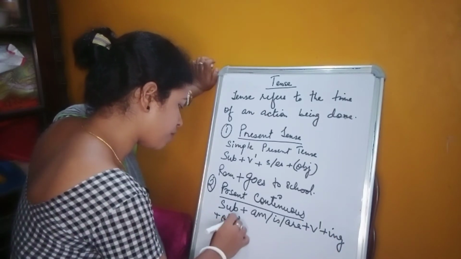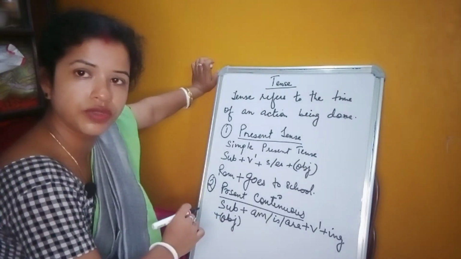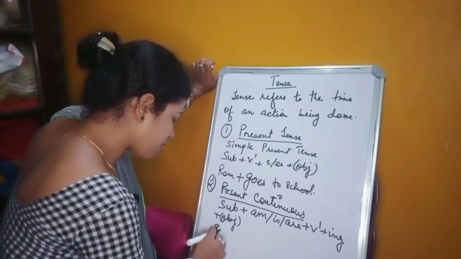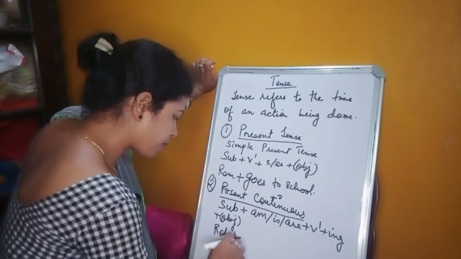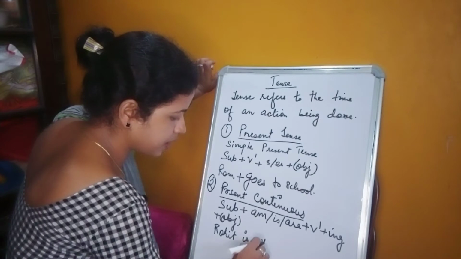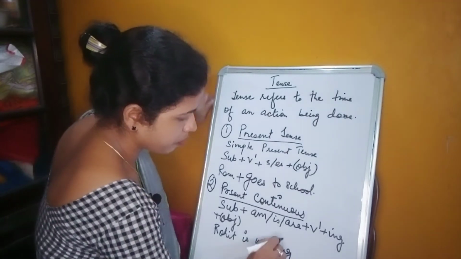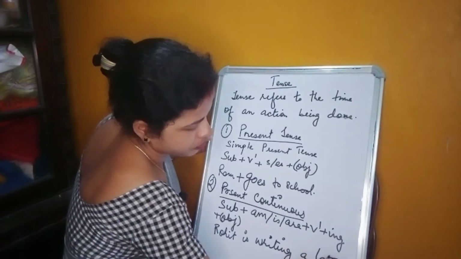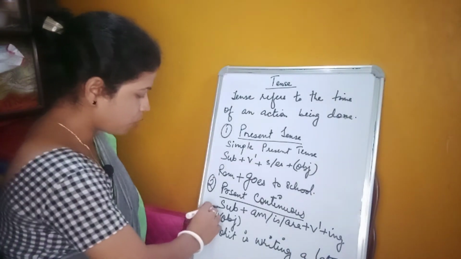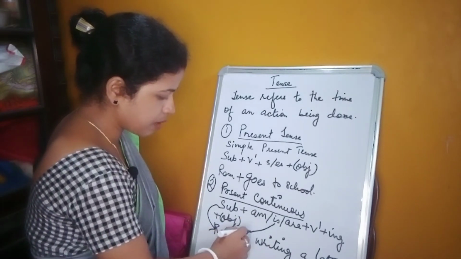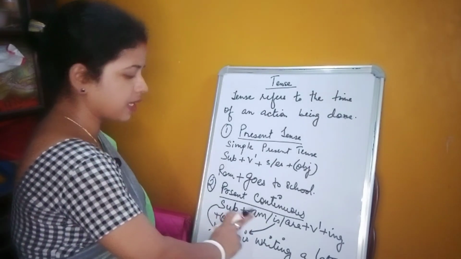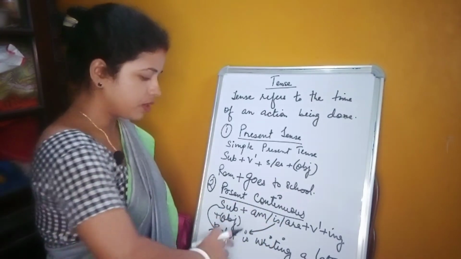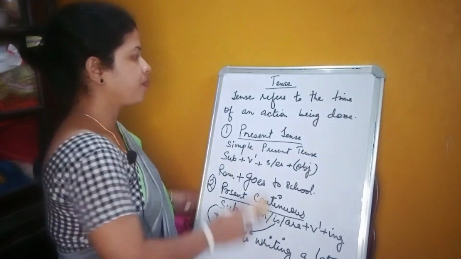Again, the object is in brackets, as not every sentence will have an object. So, subject Rohit: Rohit is writing a letter. I have taken Rohit as the subject because if I write I, then am; if it is singular, then is; if it is plural, then are. Clear? Rohit is writing a letter.